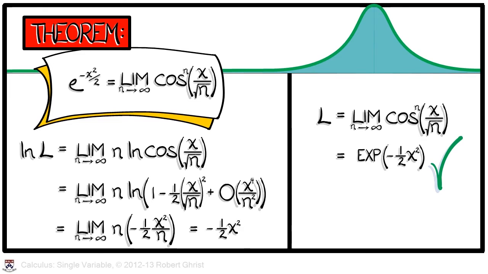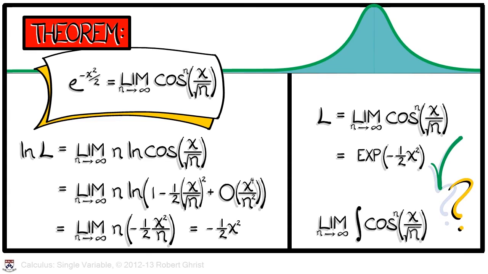Now, why might this be useful? Well, if we want to integrate this, going from negative infinity to infinity, it's a little bit better. I claim that it's possible to evaluate the limit of this integral, but it gets very delicate because we have to worry about the bounds and the fact that it's an improper integral and there's a limit.